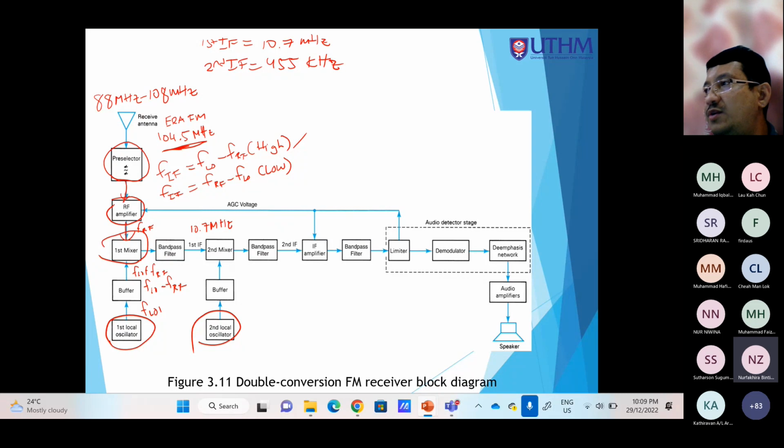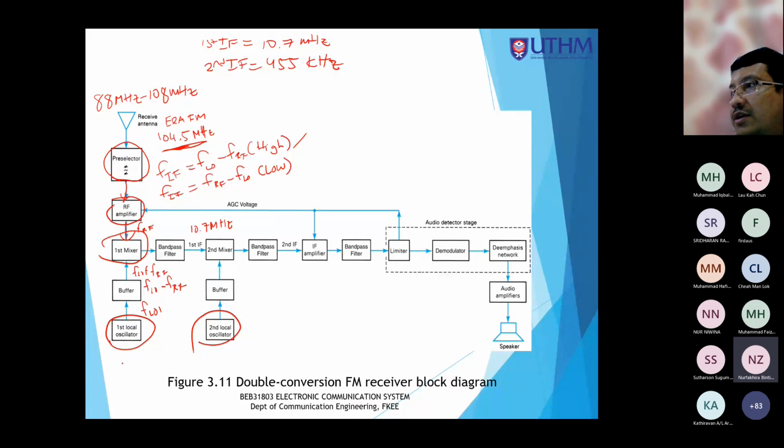So the first FLO, FLO1, is actually equal to FRF plus FIF1, the first IF.